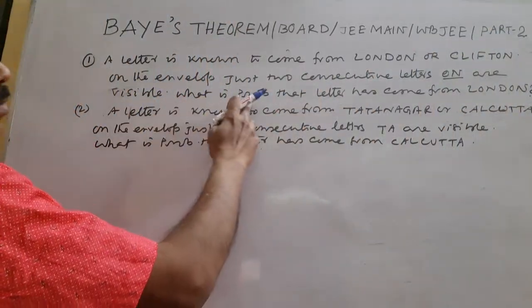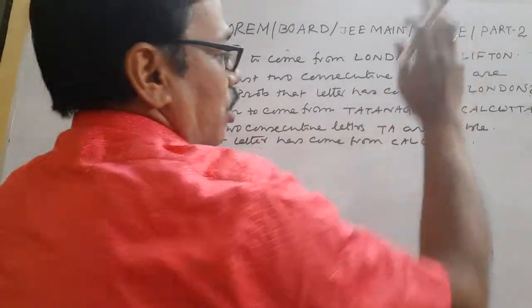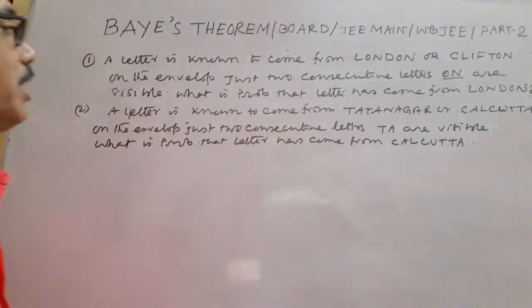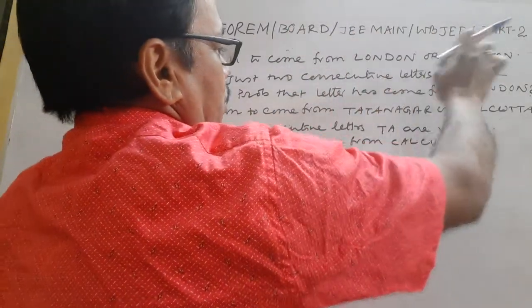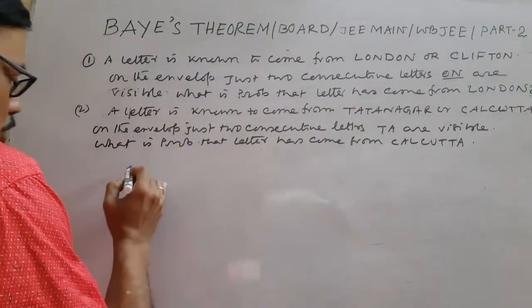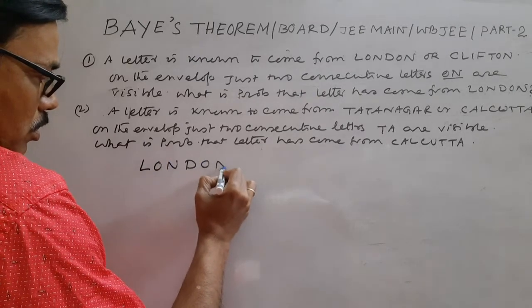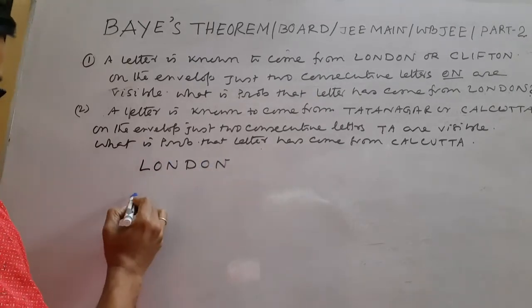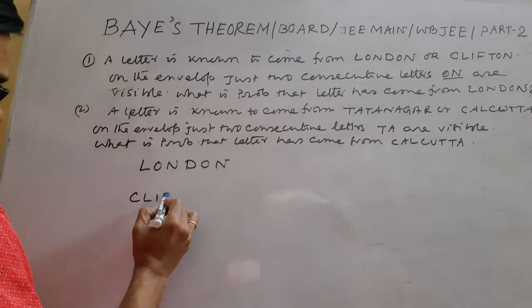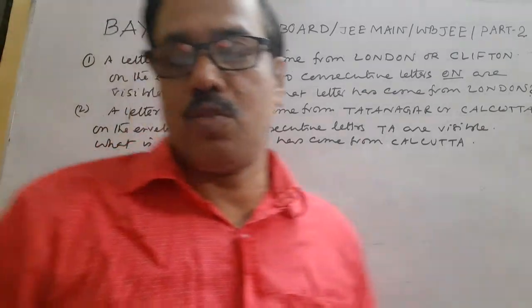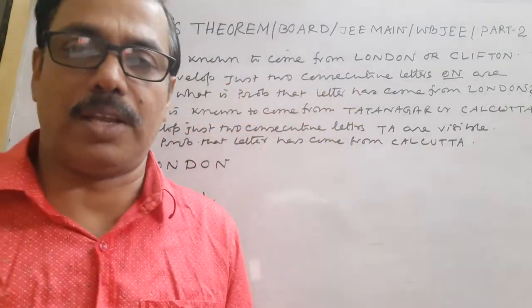What is the probability that the letter has come from London? So the letter has come from two places, London and Clifton. So there are two events you have to define.